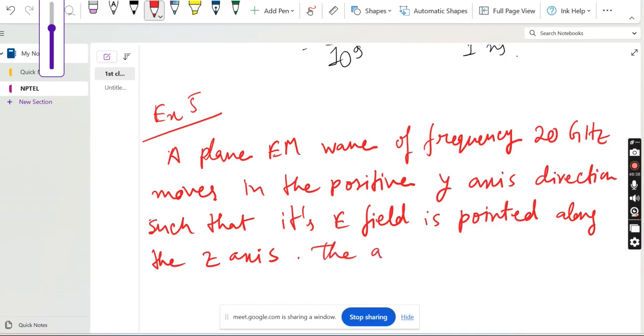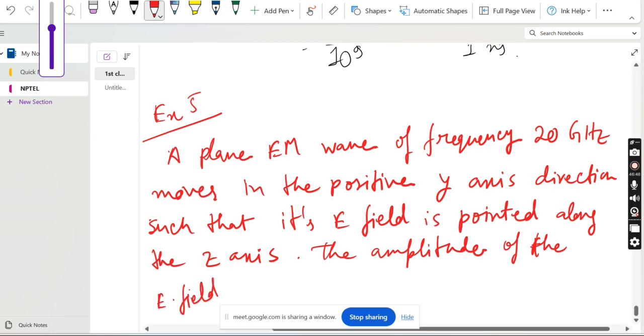The amplitude of the electric field is given per meter.